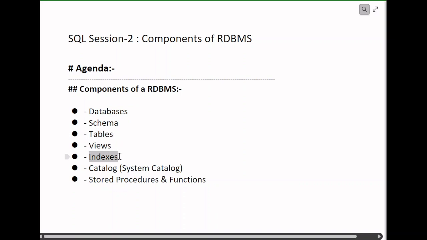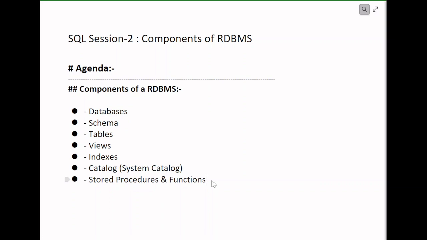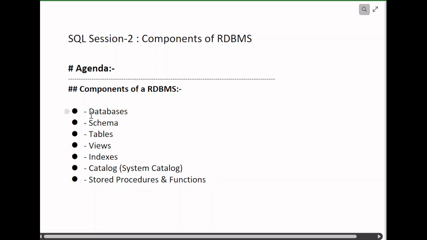We can create indexes. Then there is a catalog or system catalog, which is by default created along with the installation. And then we can create stored procedures and functions inside an RDBMS. And there are many more components as well, but from the starting point of view, we should be good if we know the real meaning of all these components.